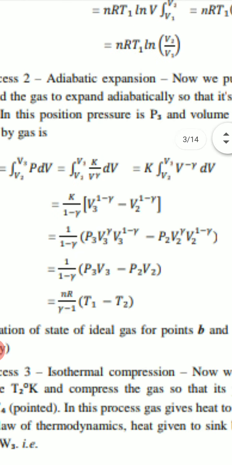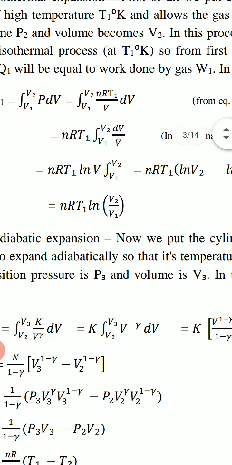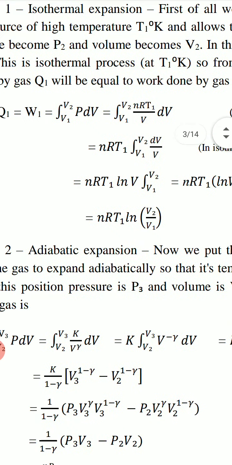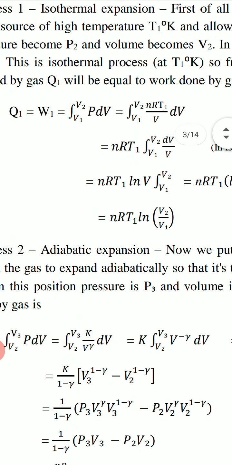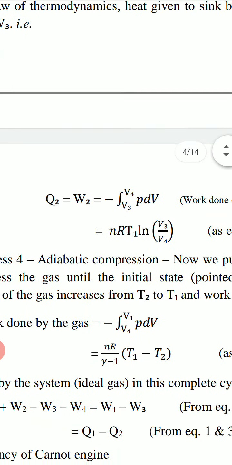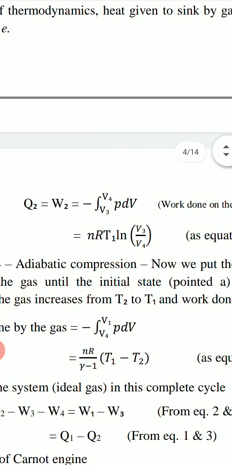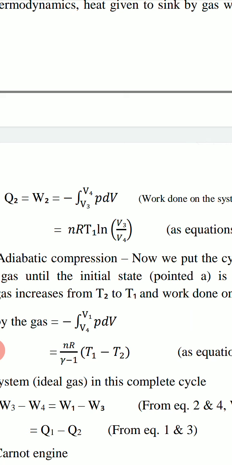This is obtained as we obtained the equation for work done W1 equal to nRT1 log V2 upon V1. Now we have W3 equal to nRT1 log V3 upon V4.